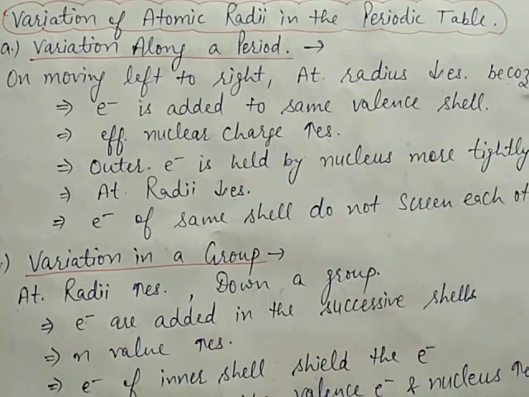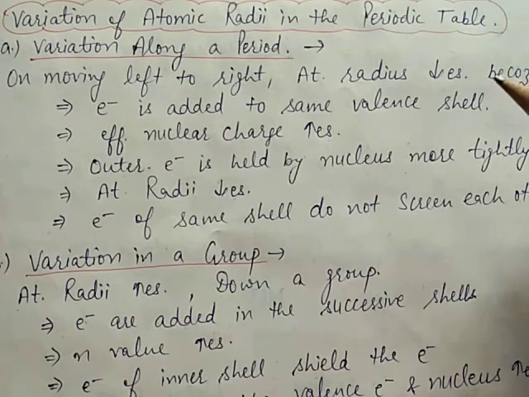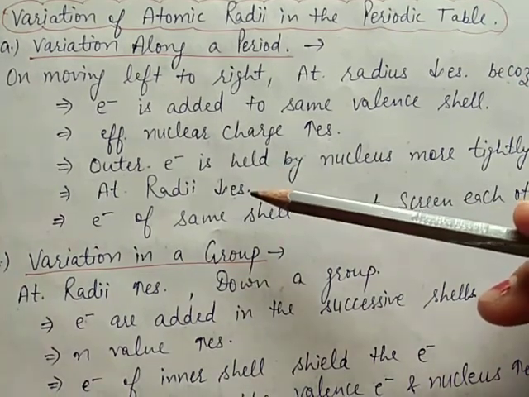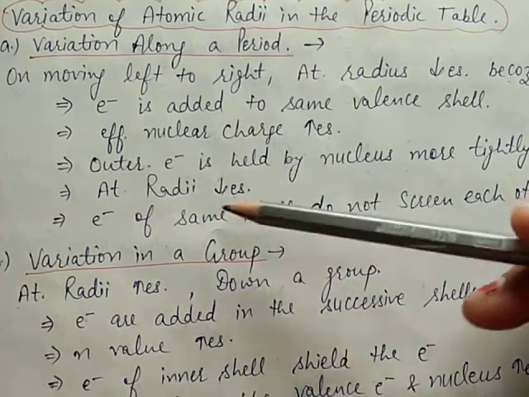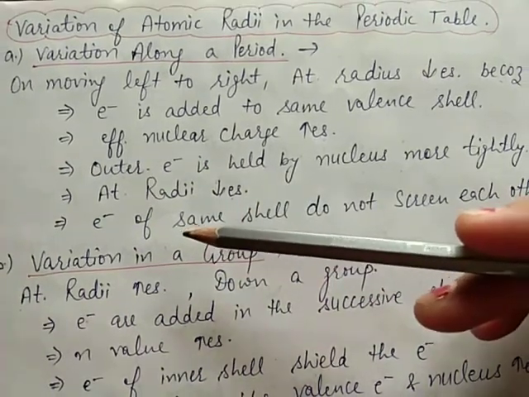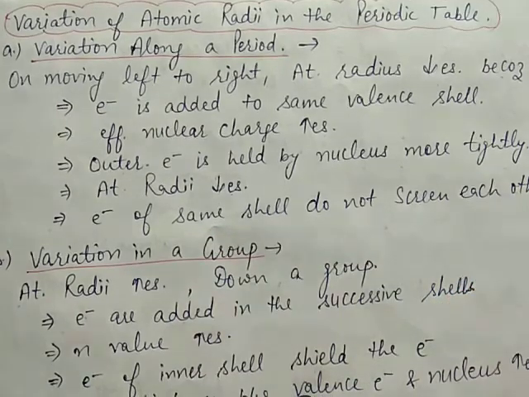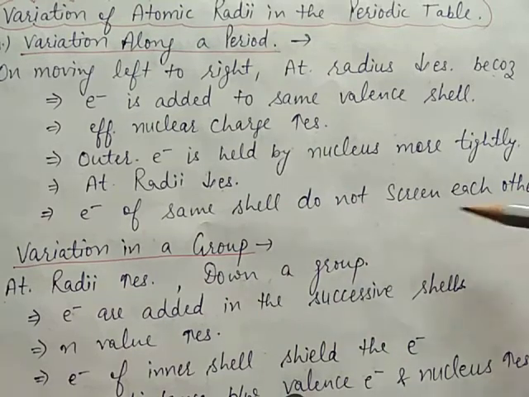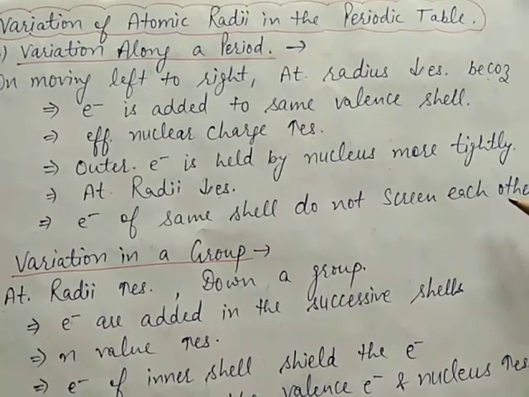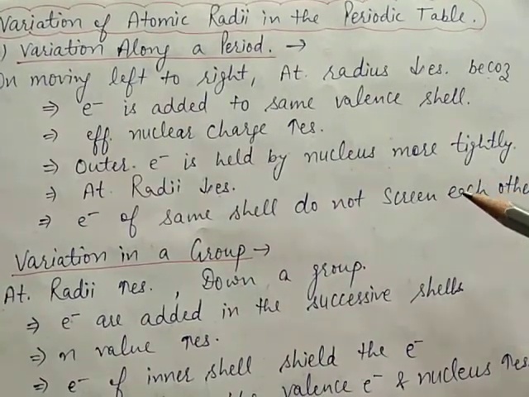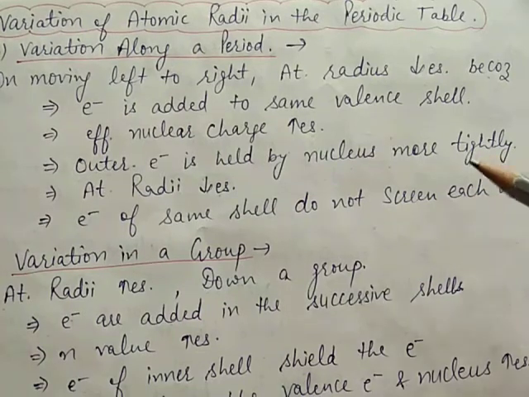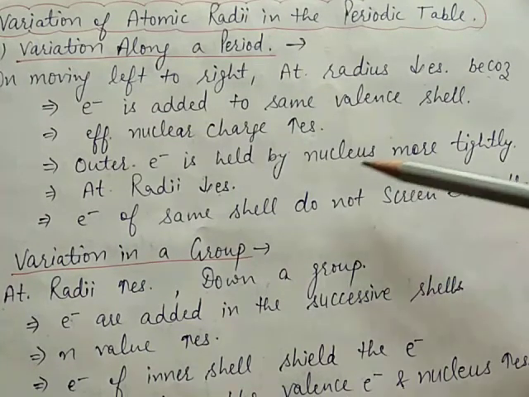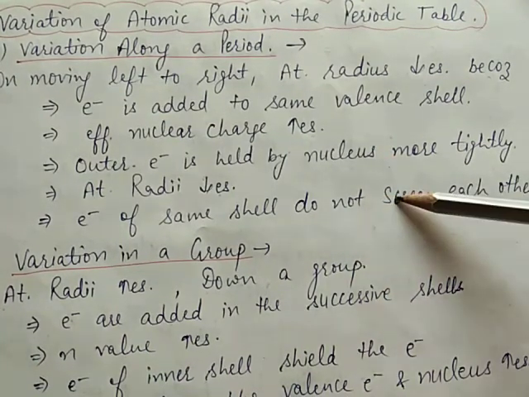If the electrons are held more tightly, the distance is very small, so atomic radius decreases. One more important note: the electrons of the same shell don't screen each other. So the nuclear charge is not compensated by the screening effect, so the atomic radii decrease.